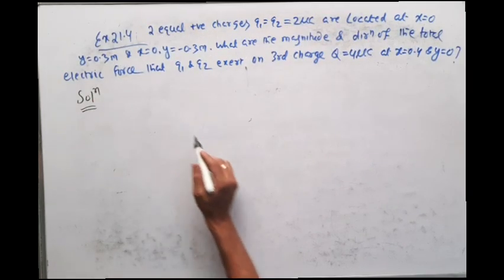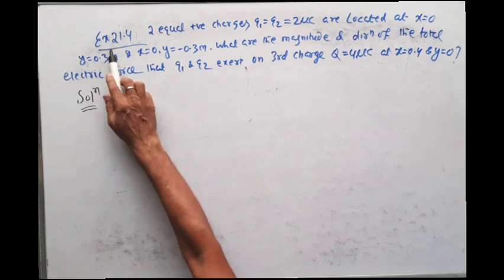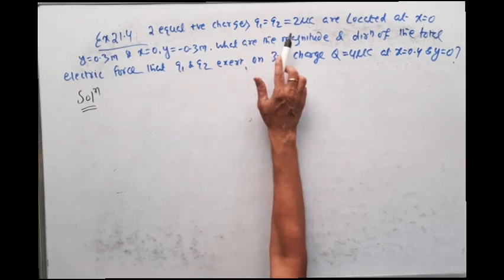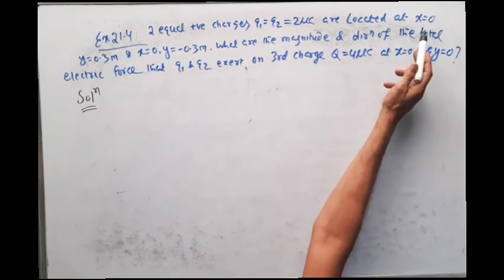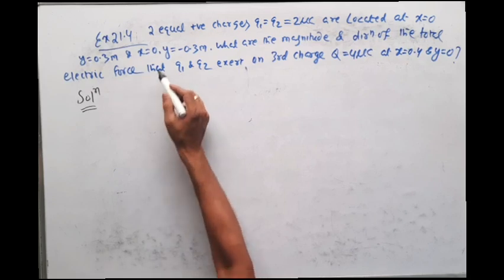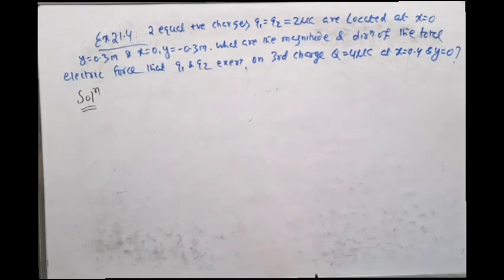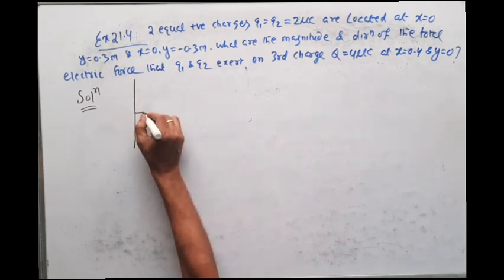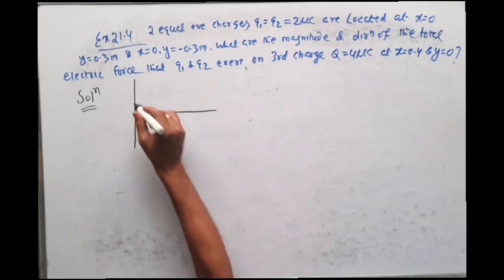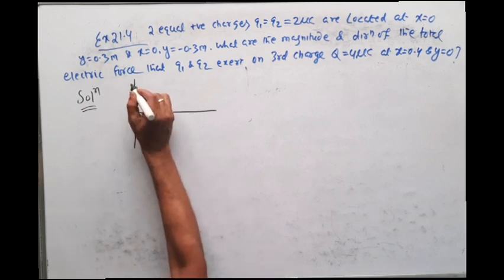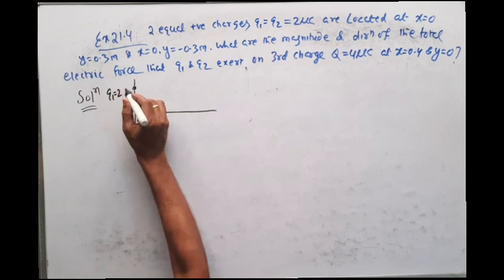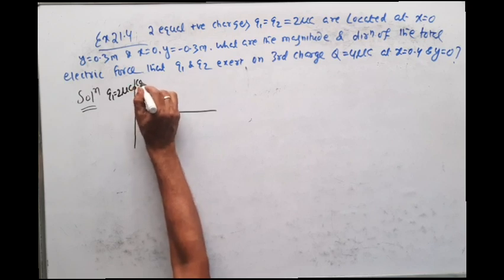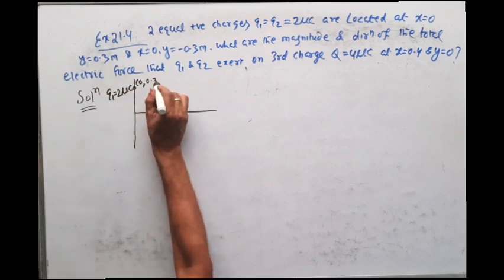Take example 21.4 of this book. Two equal positive charges Q1, Q2 of 2 microcoulomb are located at x equal to 0, y equal to 0.3, and x equal to 0, y equal to minus 0.3 meter. Let us draw. Suppose this is your y-axis, this is your x-axis. One charge is Q1, 2 microcoulomb, at coordinate 0, 0.3.